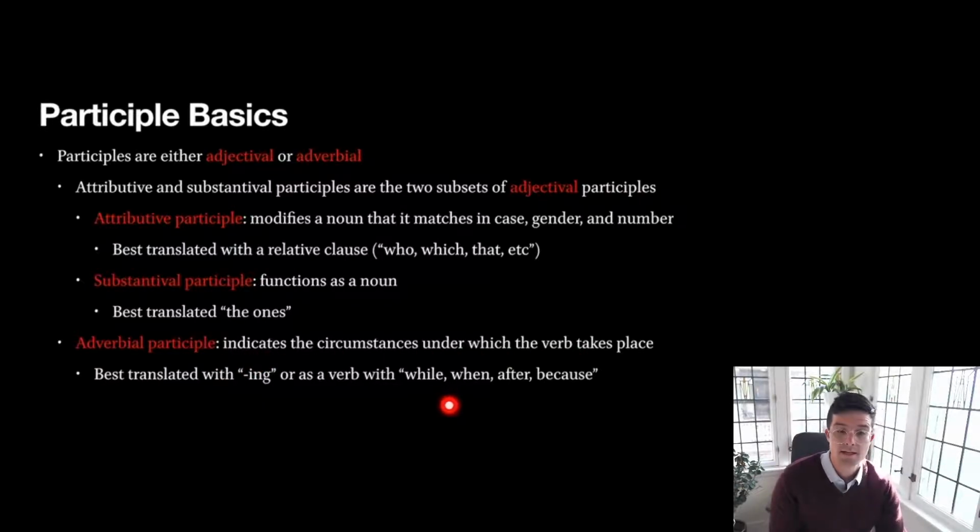Oftentimes, we're going to translate this temporally with words like while or when or after, oftentimes with the -ing ending to the verb. So "while writing, he ate his dinner," or also causally with the word because.